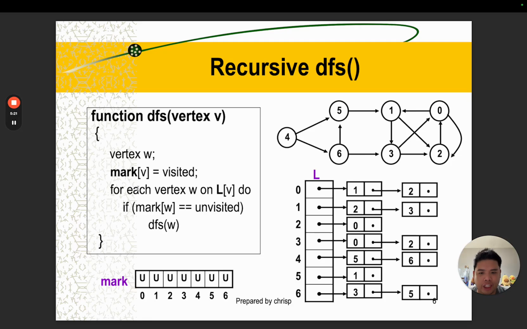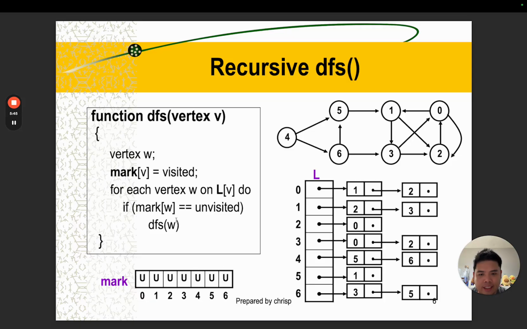Next, for each vertex W on LV, that's the purpose of W. What is LV? L is my adjacency list representation of the graph. 0 has an arc to 1, and 0 has an arc to 2.